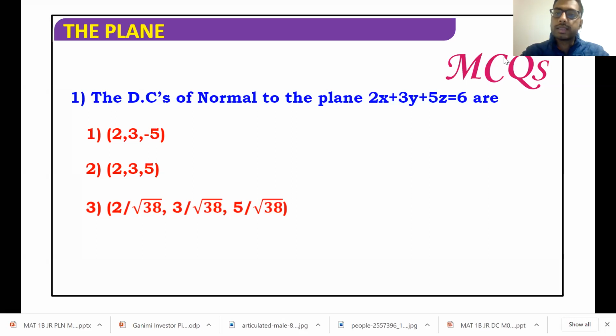Your direction cosine l is a upon under root of a square plus b square plus c square. So 2 upon under root of 2 square plus 3 square plus 5 square. So 5 square is 25, plus 3 square is 9, plus 2 square is 4. So 25 plus 13 is 38, under root 38, and 2 is given, so 2 by root 38. So that would be your correct answer.